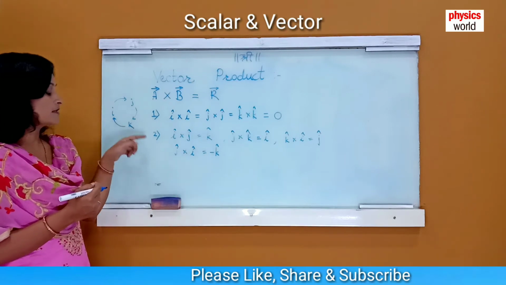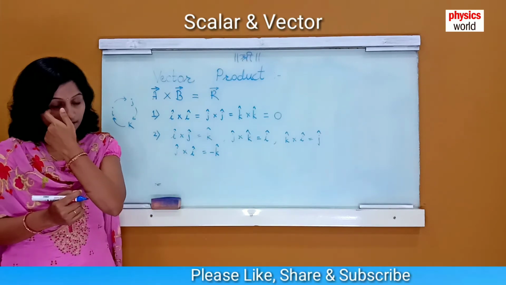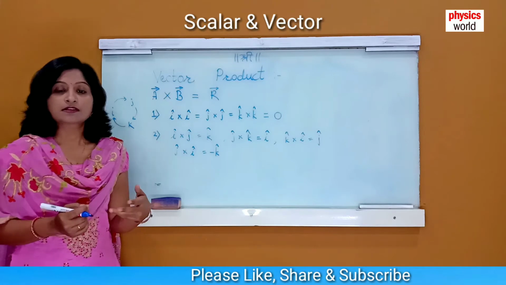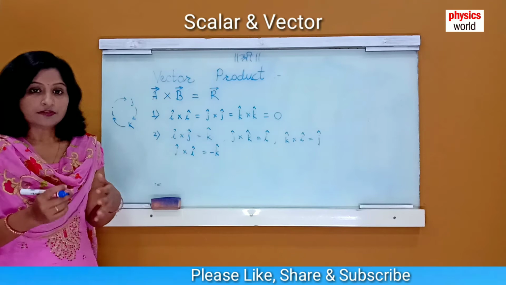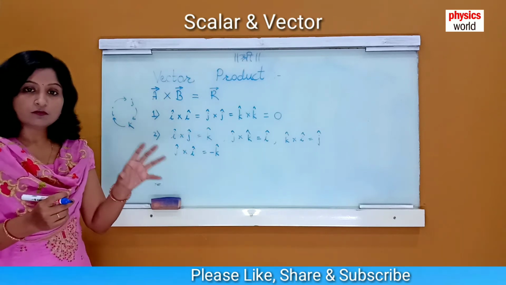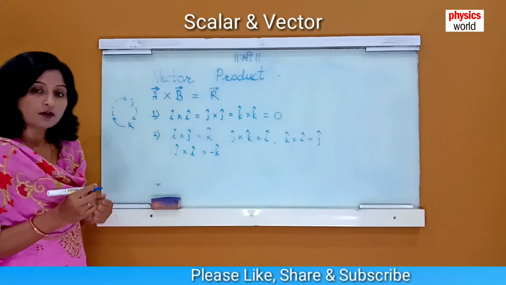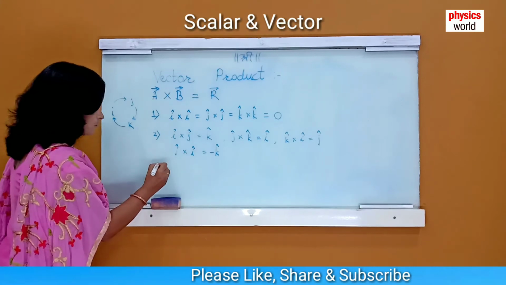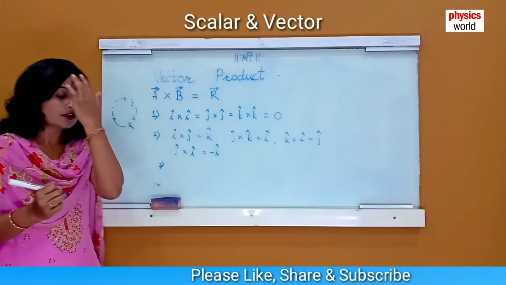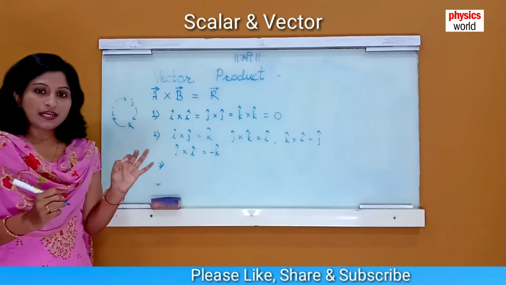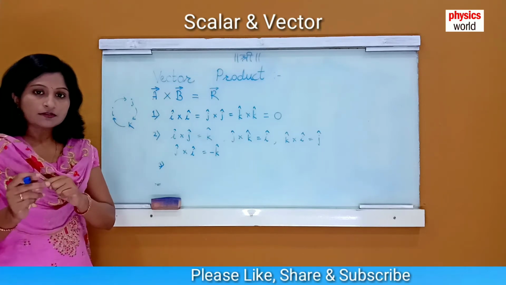Okay, so this is the second characteristic. Now the third characteristic will tell us how to find the product when A and B, the two vectors, are given, and how to calculate the result. For that, here also there is one formula. In the scalar product, we have seen that A dot B is AB cos theta.